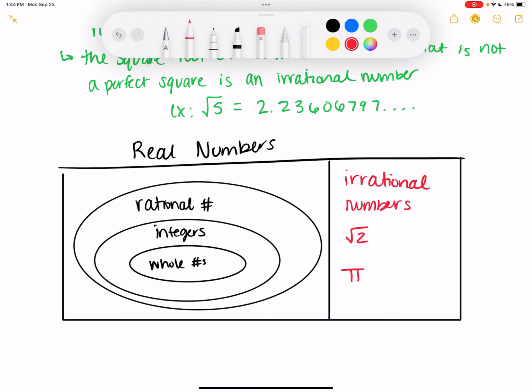E is also a number. Negative square root of 14, that's irrational. So those are just a few examples of that. We had already talked about whole numbers, integers and rational numbers the other day. So just adding in irrational to what we knew.